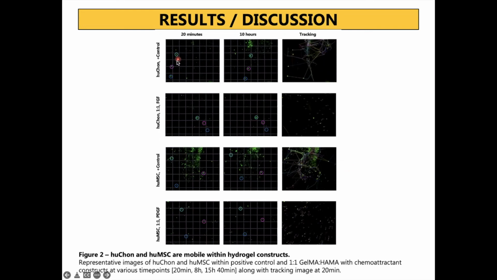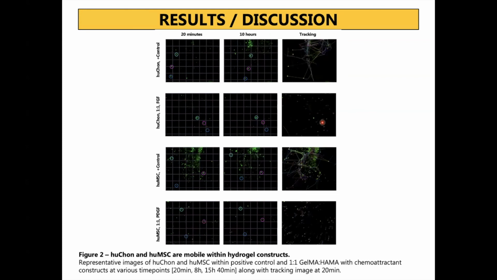As you can see, those flagged cells are moving within the hydrogel. Moreover, the positive control samples show increasing cell mobility, which validates the design mobility assessment method. However, it also suggests that cells in hydrogels are a little bit less mobile.